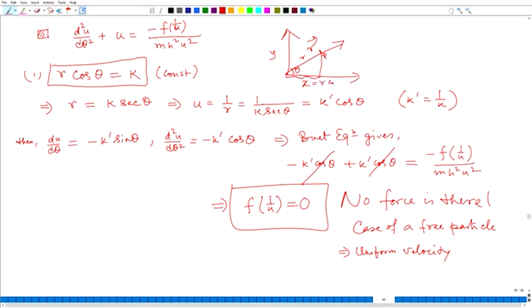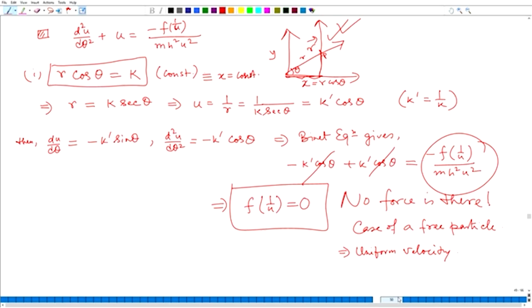So, x is equal to r cos theta. So, r cos theta equal to constant is equivalent to x equal to constant. So, actually the particle is moving parallel to the y axis with some constant x, and that is nothing but a straight line, and this is possible when this particle is subject to 0 force.